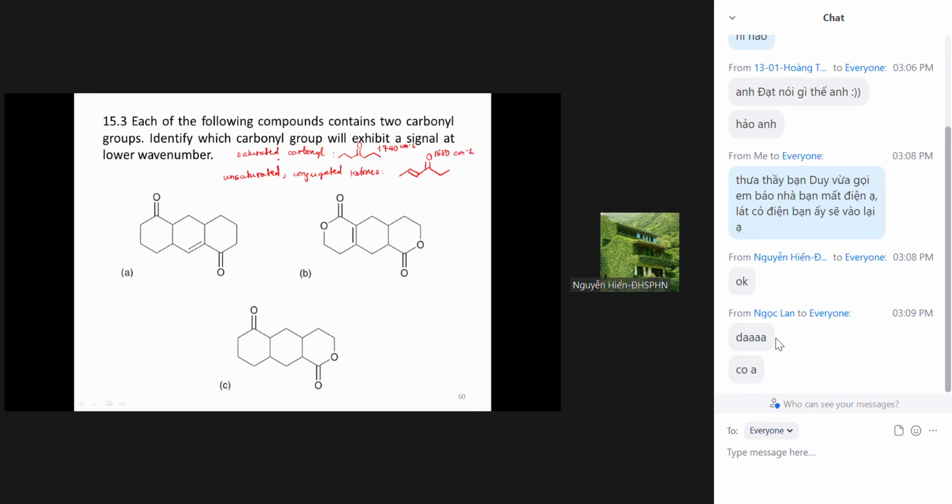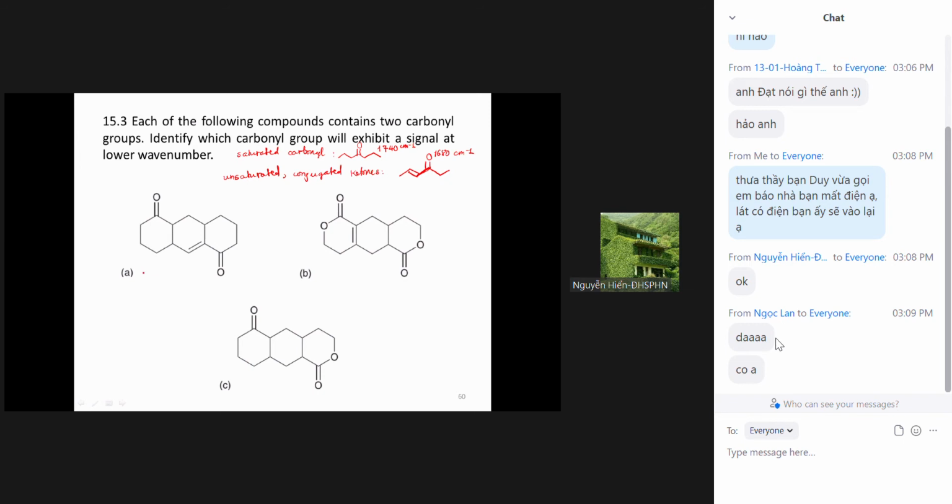And now in this exercise, you just identify these two kinds of ketones. Unsaturated and conjugated ketones are those that have a CC double bond that is one bond separated from the CO double bond, one bond apart. So A is one example, right?